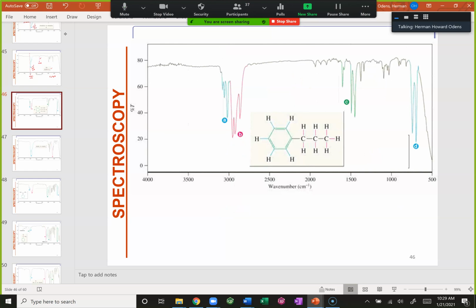All right. Check this one out. This is a good one. So here we have a competition at the 3000s. So I'm gonna draw my magic line, and it's usually pretty awesome how you can see that anything on the left side in blue will be sp2 CH in character.